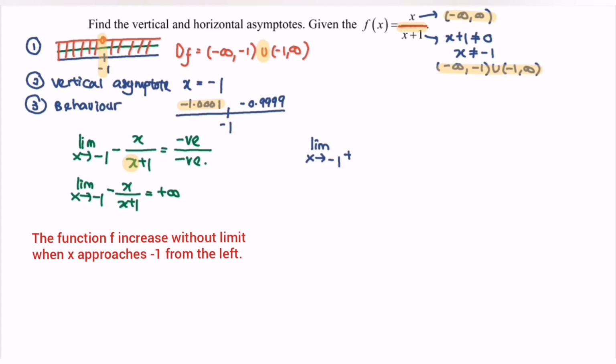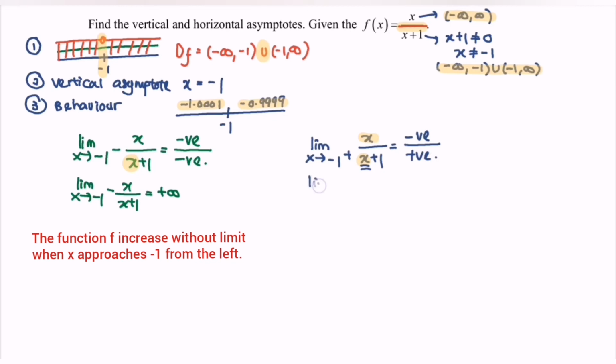Next, move on to the right hand side. We have x over x plus 1. We will obtain a negative value in the numerator. So kindly substitute negative 0.999 into this part, and we will have a negative value over, for the denominator, a positive value, because negative 0.999 plus 1 gives a positive value.